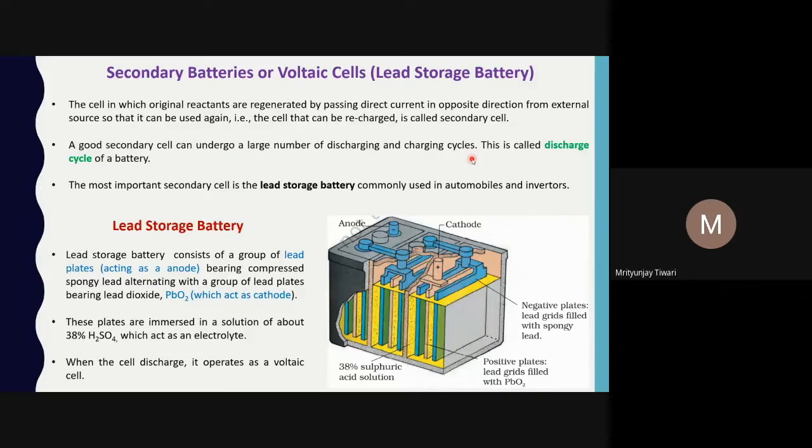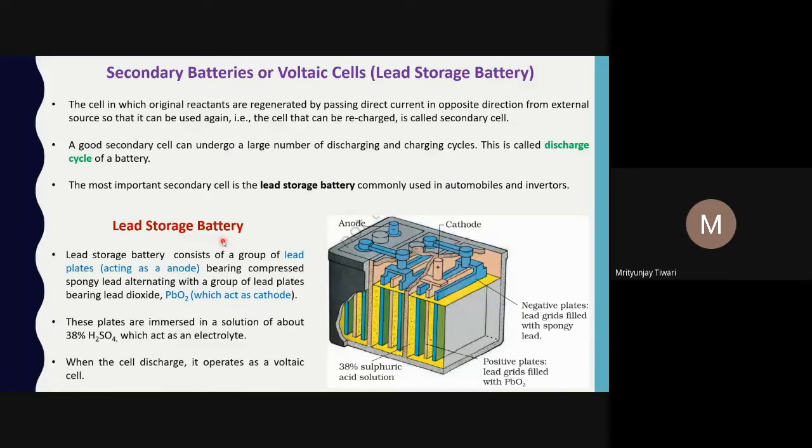So how many charge and discharge cycles it will complete during its entire existence, while it remains in workable condition, this we call the cycle life of the battery or the discharge cycle of the battery. This term is also sometimes used for capacitors or supercapacitors. So the most important secondary cell is the lead storage battery, commonly used in automobiles and inverters.